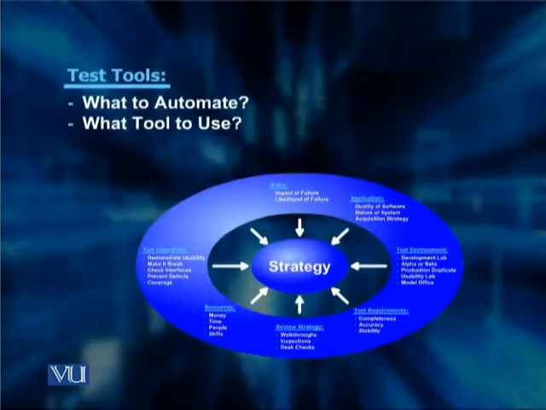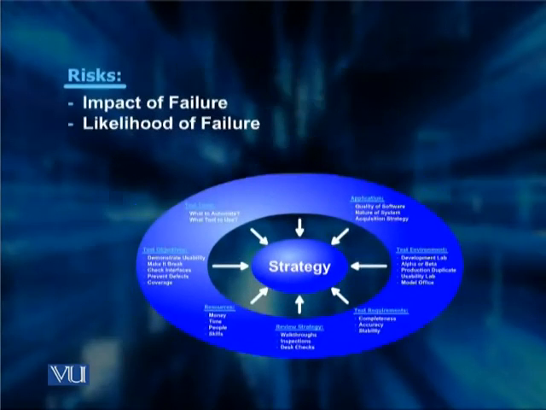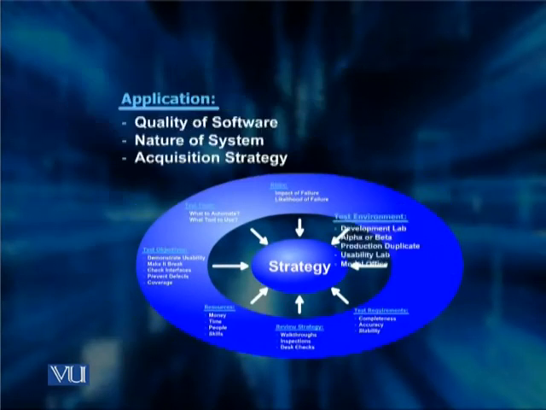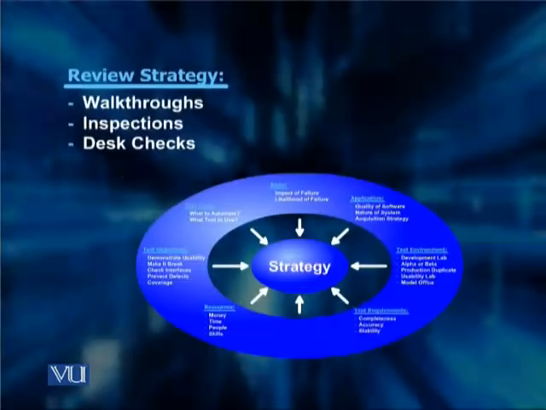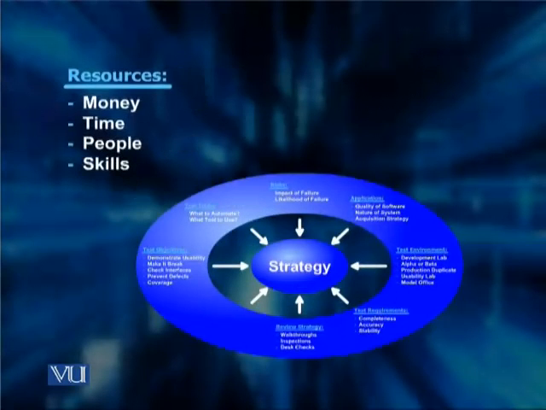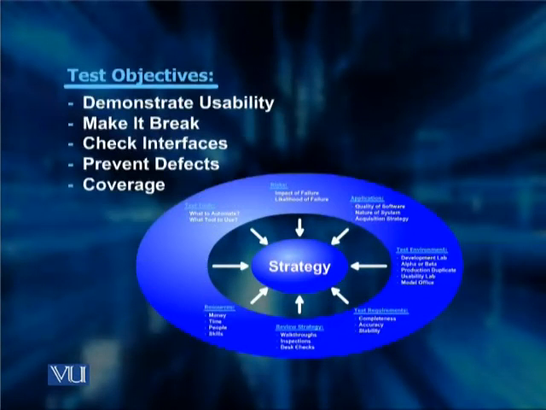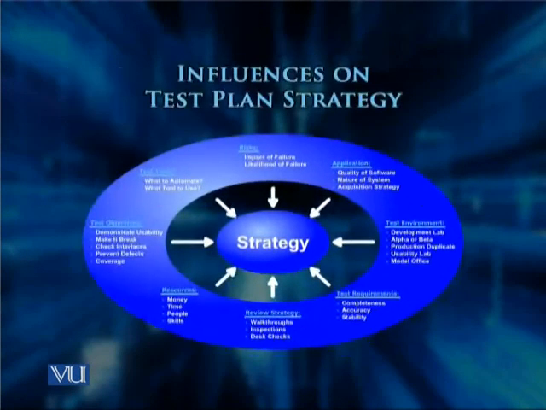There's test tools, risks, application, then test environment, test requirements, review strategy, resources, and test objectives. And all of these influencing factors are influencing the test plan strategy. So let's take each one of them and describe what these factors mean.